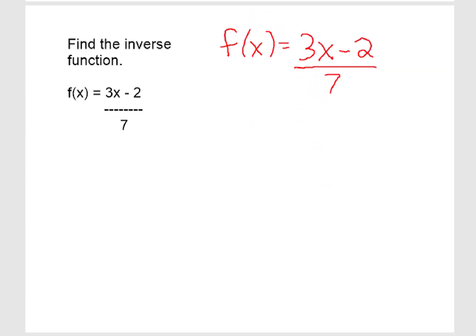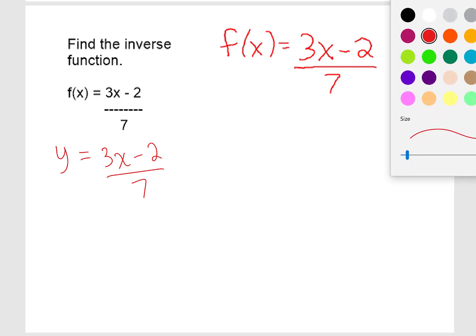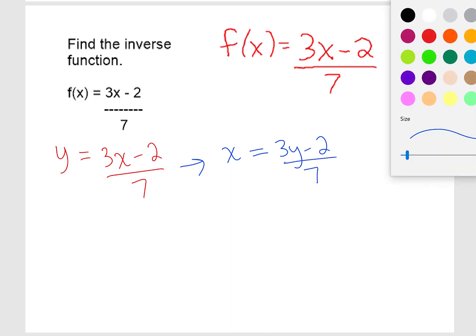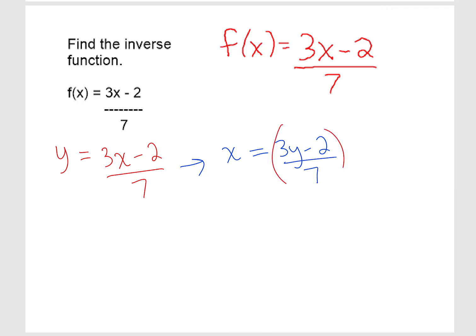Okay, they want us to find the inverse function. So remember, our first step is we need an x and a y to switch. So change that f of x to y. Then go ahead and switch the x and the y. Then solve for y. So I'm going to multiply both sides by 7 to get rid of that 7.